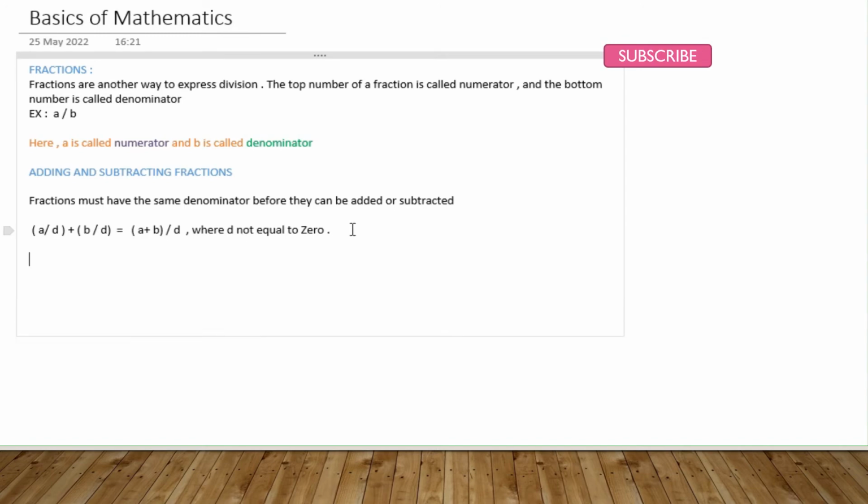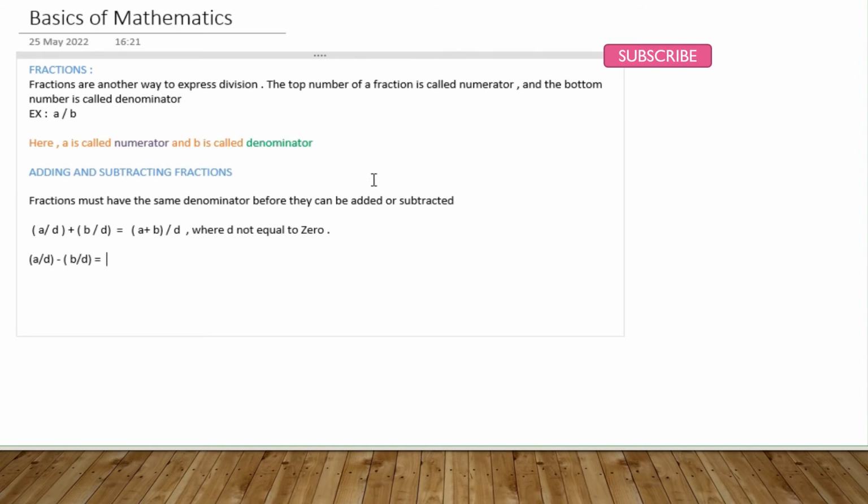So next, I am going to take negative fractions. For example, a by d minus b by d.